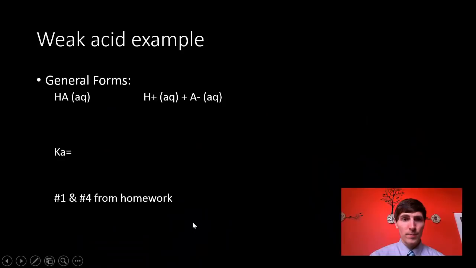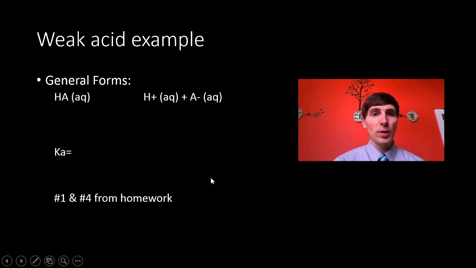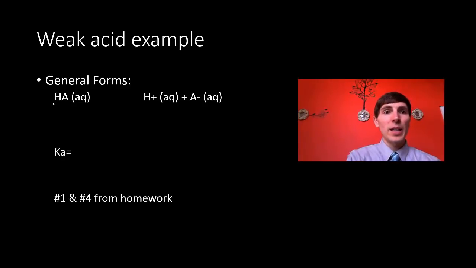So what is an example of a weak acid? The general form for a dissociation of a weak acid is I have my weak acid, HA. You'll notice I used HX the other day for a strong acid. HA is going to break apart in water, a little reversible reaction here, into H plus, my hydrogen ion, and then my anion, A minus.